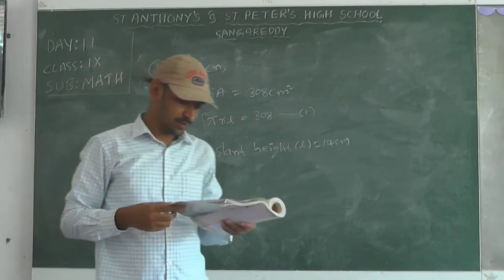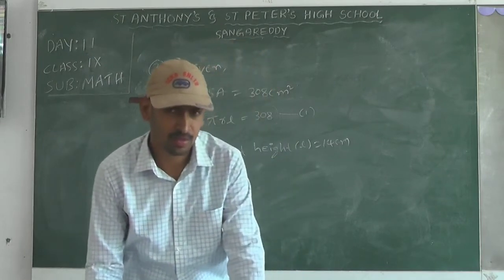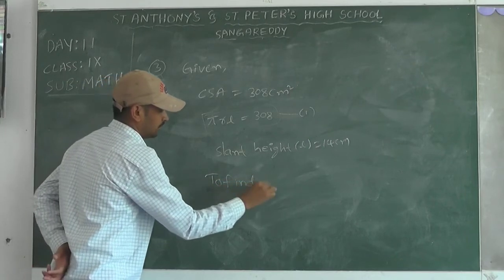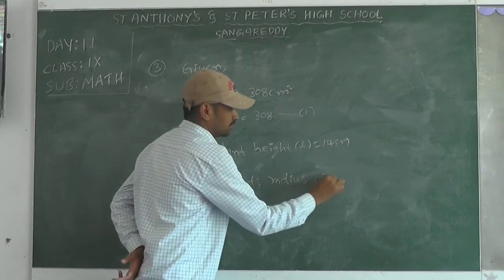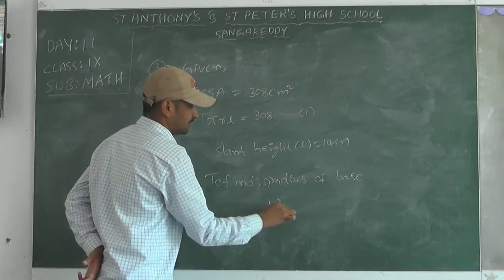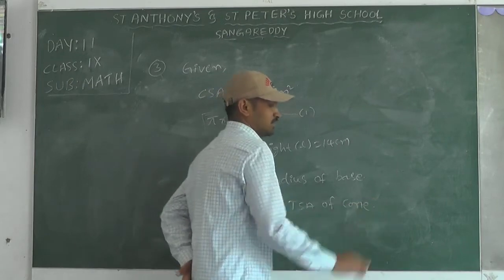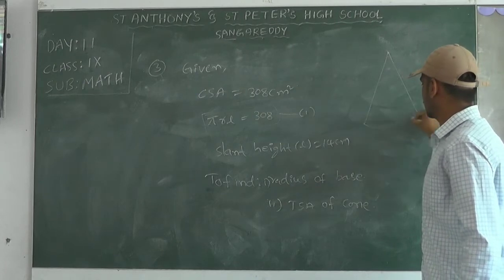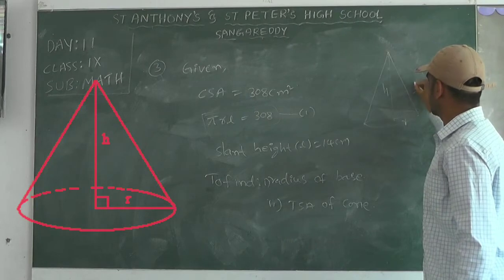Next, find the two things asked. You have to find the radius of the base and the total surface area of the cone. So first, the radius of the base, and second, we have to find the TSA of the cone. We have to analyze the given data for this cone: height, radius and slant height.